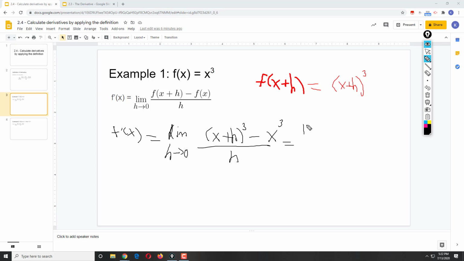Let's expand the x plus h cubed. When we do that, we get x cubed plus 3x squared h plus 3x h squared plus h cubed.